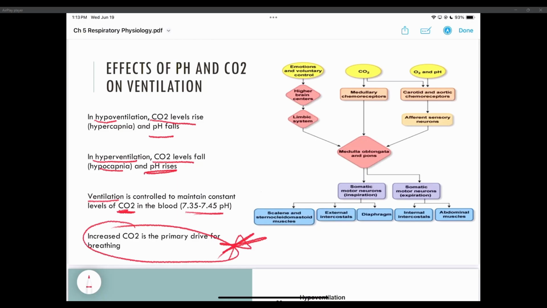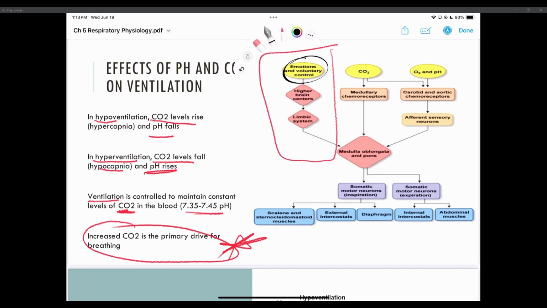So let's take this step by step. First block, emotional and voluntary control. Anxiety attacks, scared. These go to your limbic system, higher brain centers. We look at the scenario, we compare it to what we've had experience with in the past.